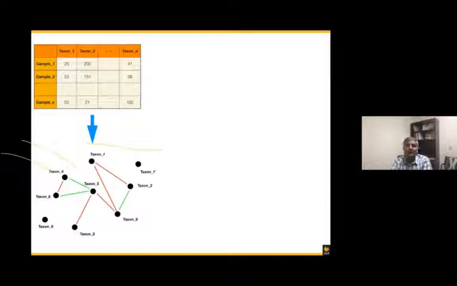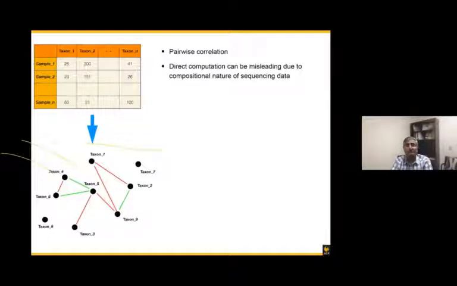That's what I mean when I say that sequencing data are compositional. So if you want to compute the weights on these edges using just standard correlation between the different columns, which correspond to the microbial species, that's a big no-no in the field, because pairwise correlation can be completely misleading because of the compositional nature. In fact, correlation suffers from this negative covariance problem. And so that's a big no-no.